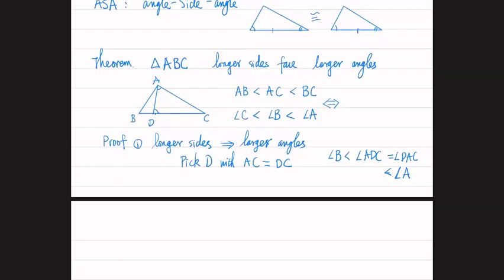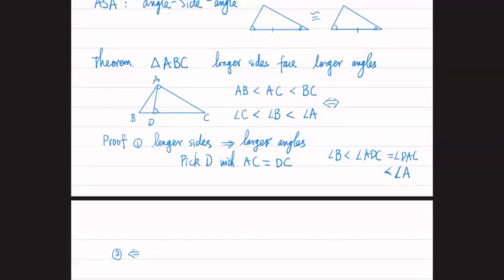Second part of the proof. Larger angles imply longer side.